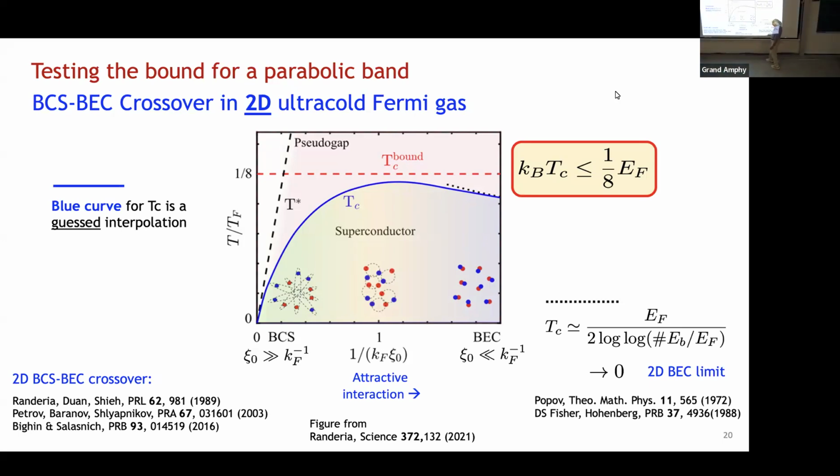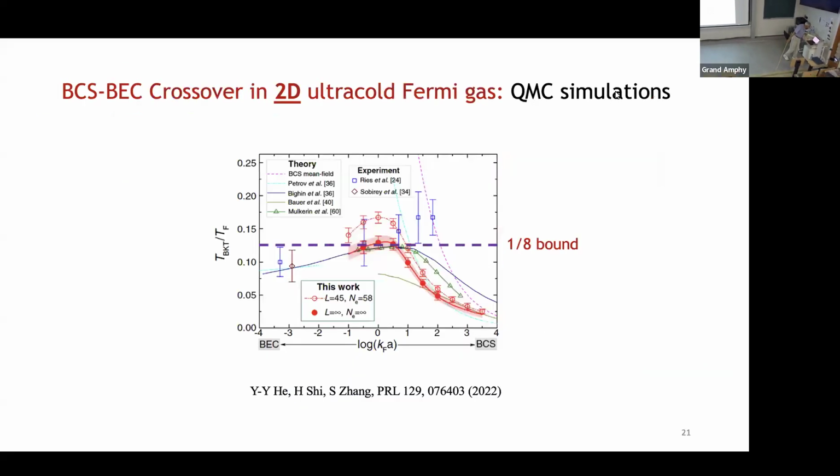So these are the 2 calculations. This is our bound, and the blue curve is a guess which we made in 2019, and this is from a 2021 paper. We felt, based on all the arguments given there, that our bound may be saturated in this very strongly interacting regime. Now, many years later, people did some very serious Monte Carlo and found that actually, within error bars, our bound is saturated in this strongly interacting regime.